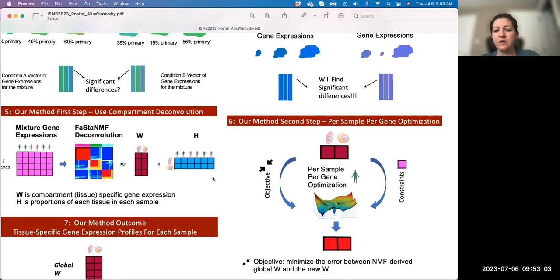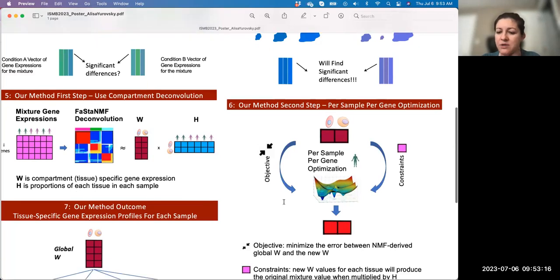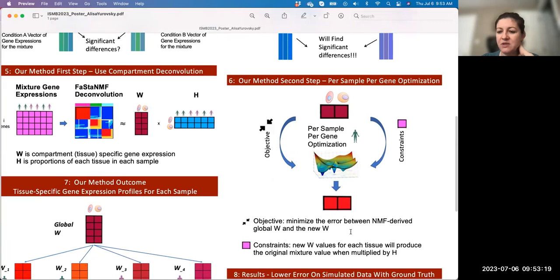Next, we're doing our per sample gene optimization. So we take each sample, we take each gene separately, and we run an optimization where the objective is to minimize the error between the NMF-derived global W and this new W. Basically, we don't want to wander too far away from our general deconvolution result, but we want to get these patient-specific differences for each tissue.